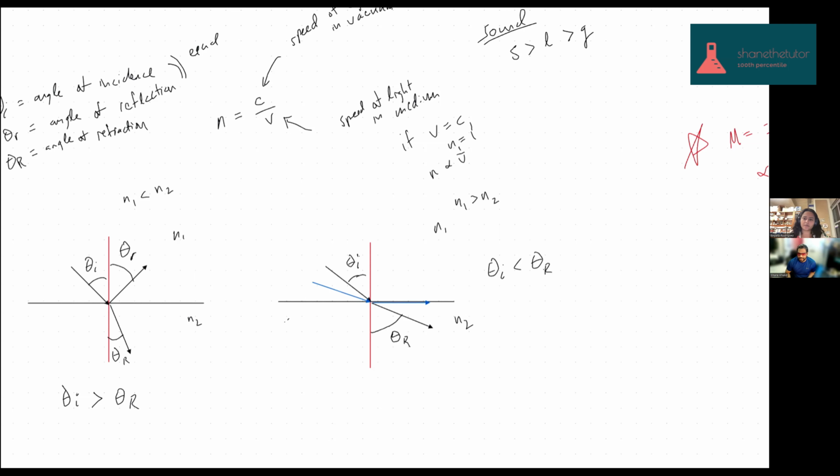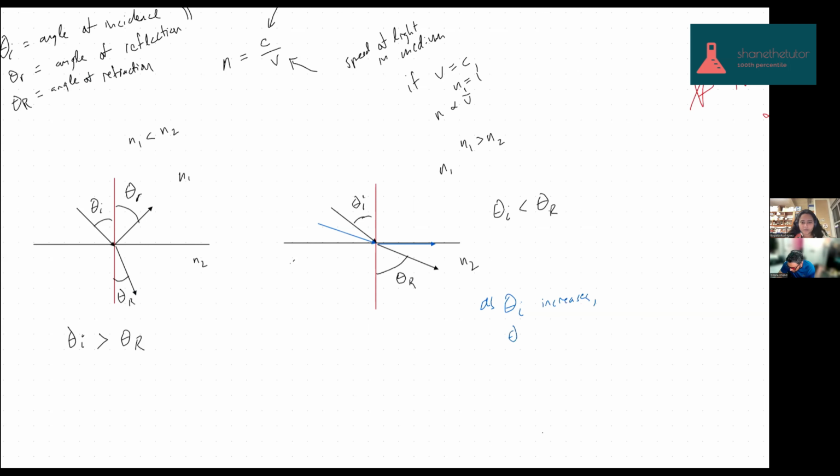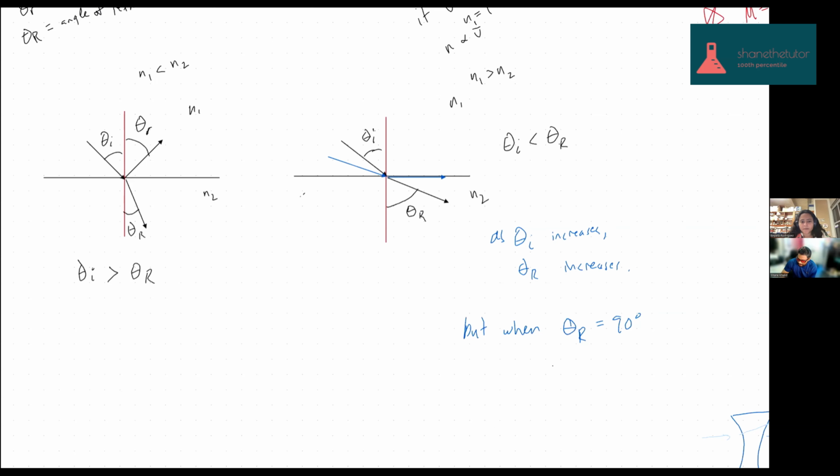So as this increases, this increases too. But when the angle of refraction is 90 degrees, the angle of incidence is called the critical angle.